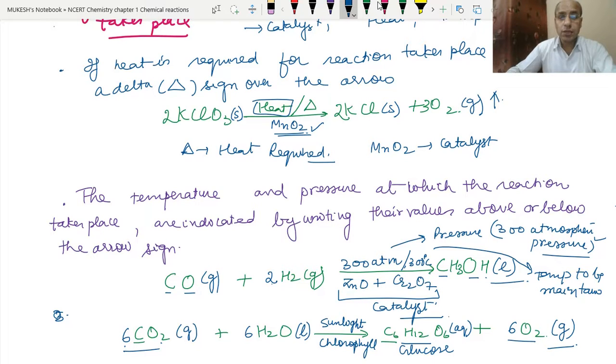These are the three ways. First, by indicating the state, meaning solid, liquid, aqueous solution and gas. Second is the heat changes, either exothermic or endothermic. And third is the special conditions under which the reaction takes place. So we have covered all this.